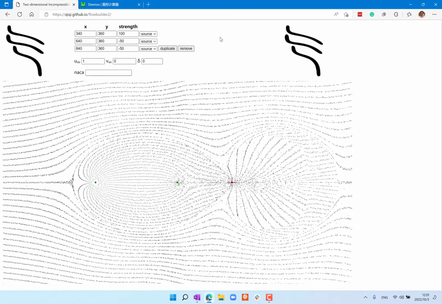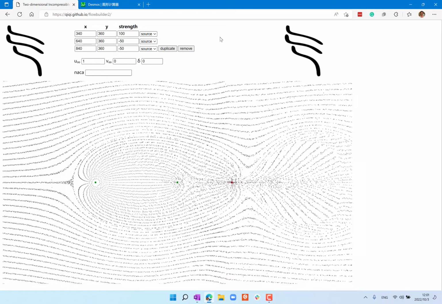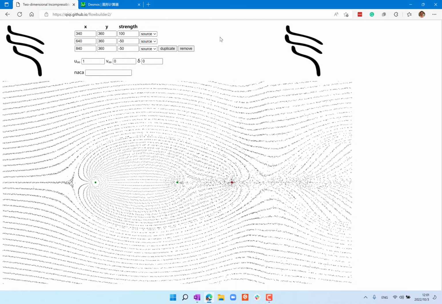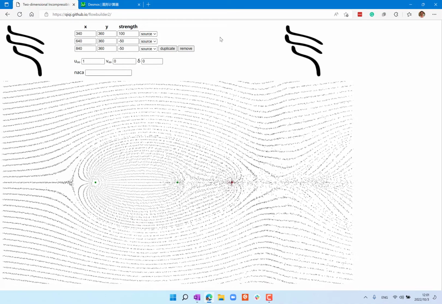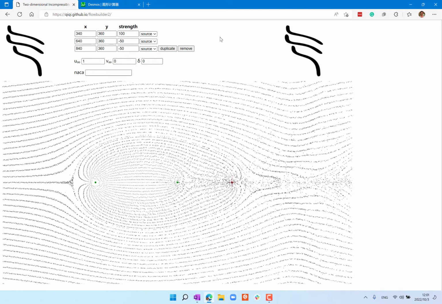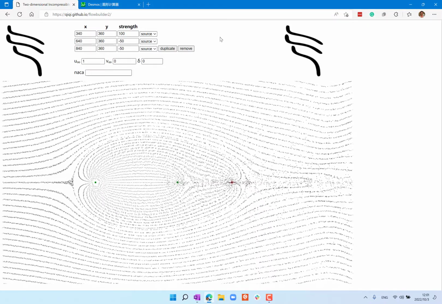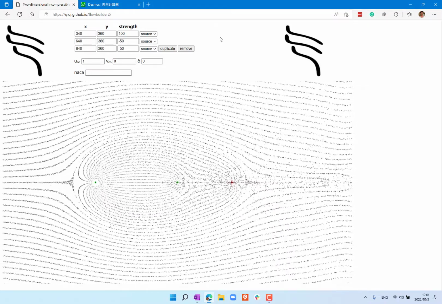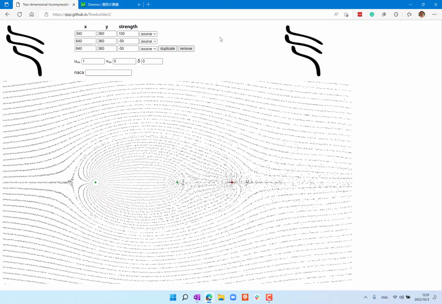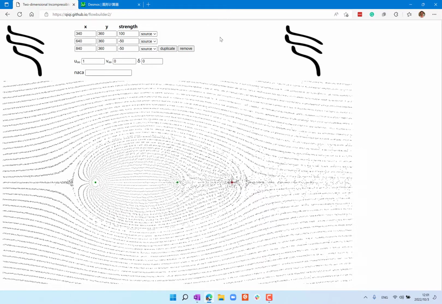So the total flow that spews out of the source per second is equal to the sum of the flow that's sucked into these 2 sinks per second. What's going to happen is that you can already see I have a stagnation point, right? And I have a solid body. It's not a trailing edge yet because it's not sharp, but at least it starts to resemble an airfoil, right? So that's what could happen.